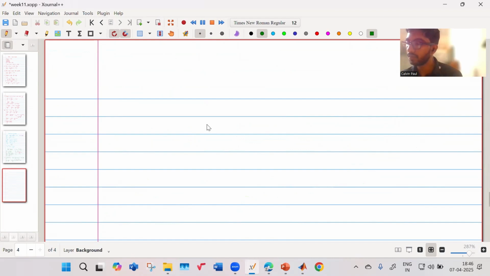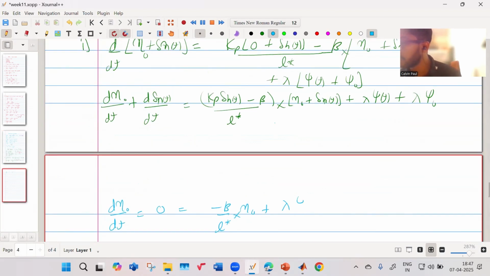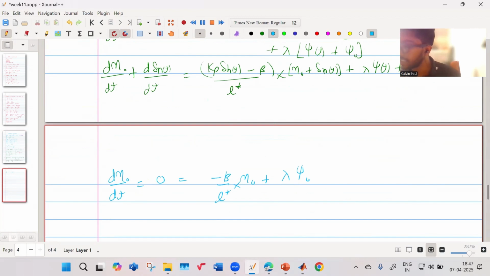Now, there are two terms. We can write d eta naught upon dt, which is equal to 0, which is actually equal to minus beta upon L star into eta naught plus lambda into phi naught. Okay, this is equal to 0. This is one part. This is the average quantity, or we can say the steady state quantity.